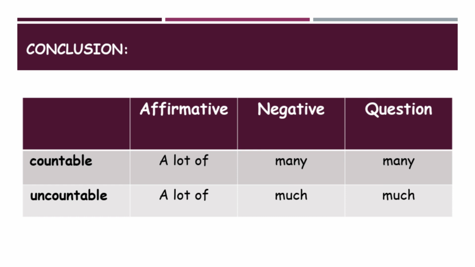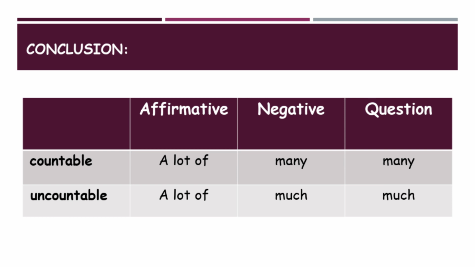Here we have our conclusion. So if you observe this table here, you can see that we have affirmative, negative, and question forms, and countable and uncountable. So basically this concludes everything that you've seen in this video.